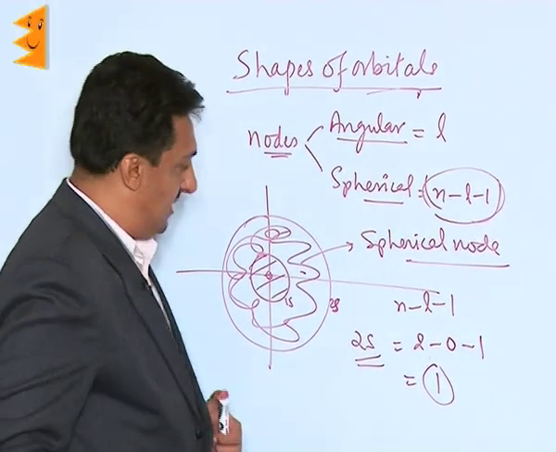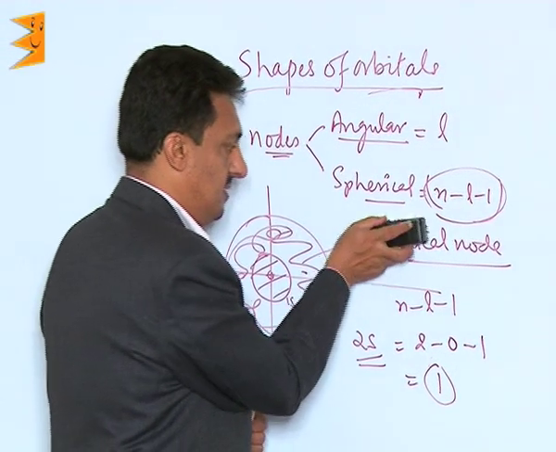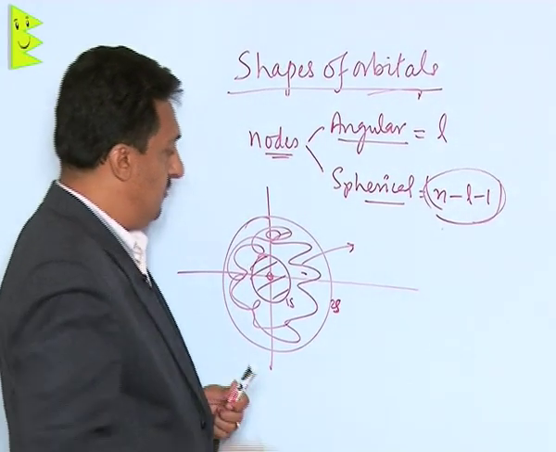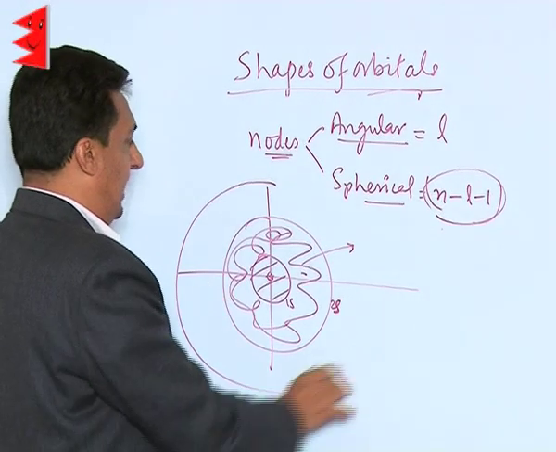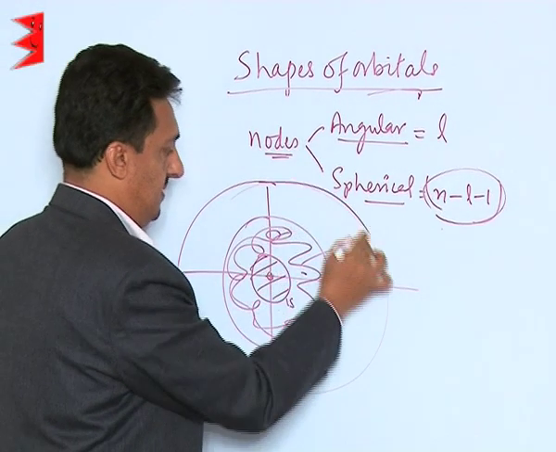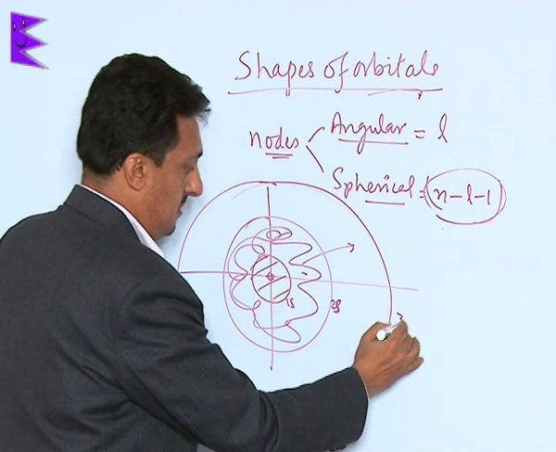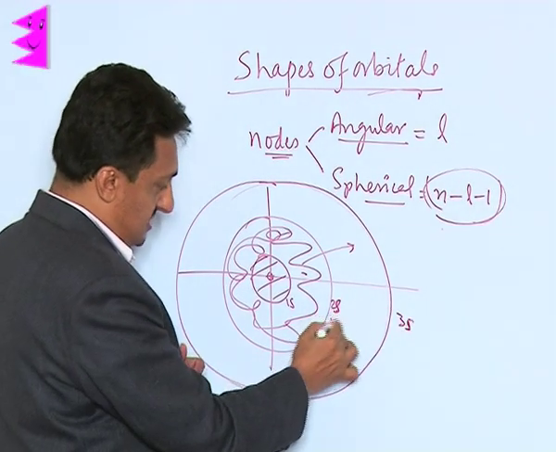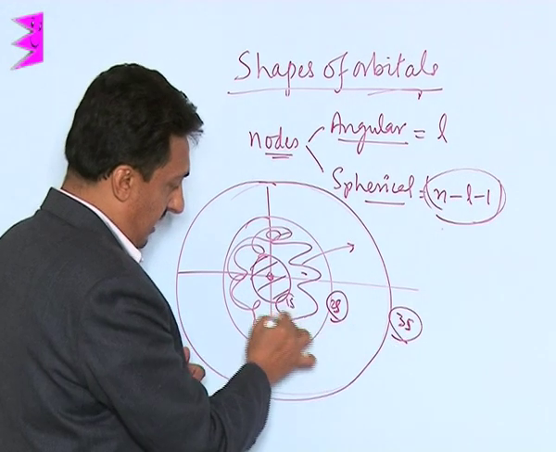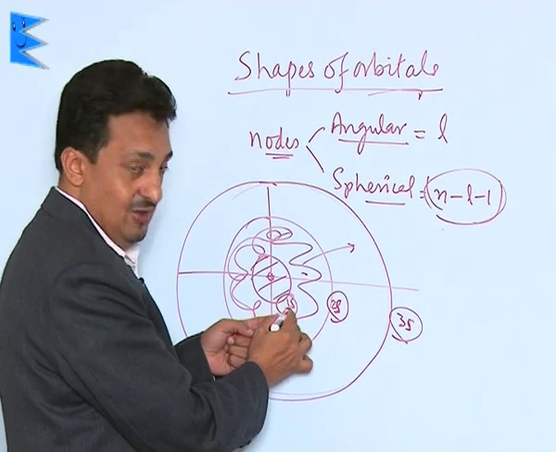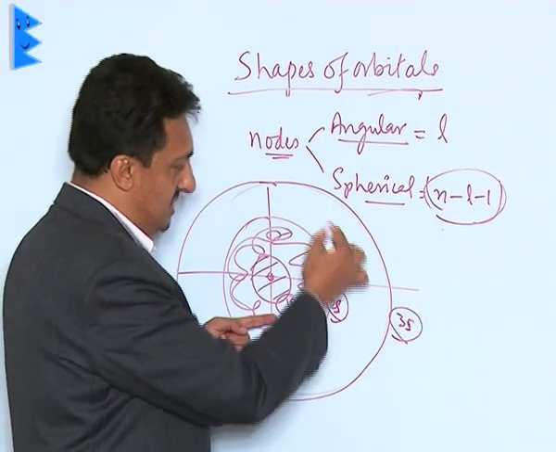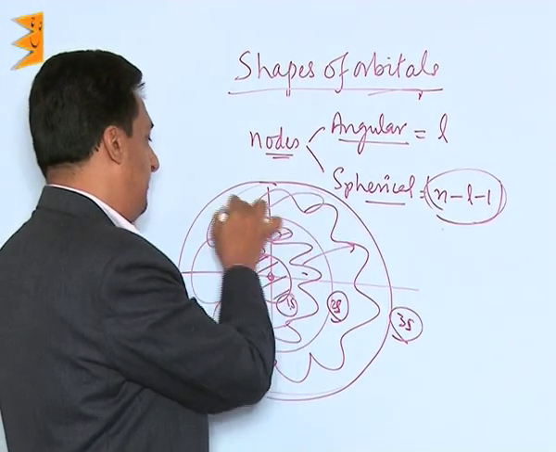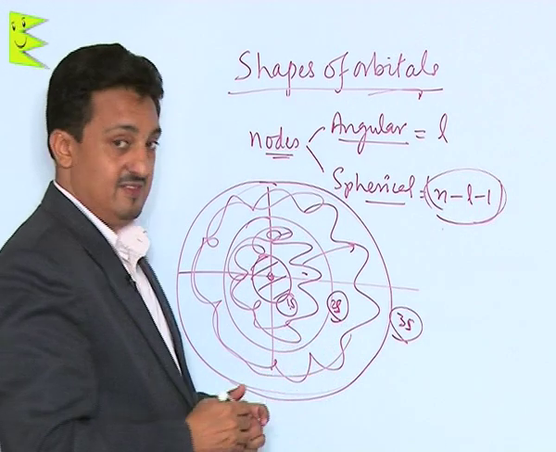In a very similar way, if we move to the 3s, we can easily make out that between 1s and 2s we had one spherical node. Between 2s and 3s, we again have a spherical area where the probability of finding the electron is 0.